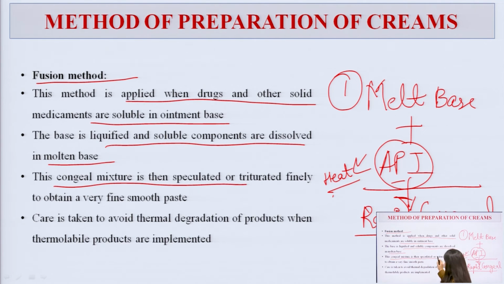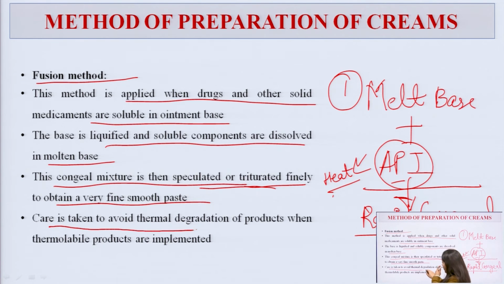This congealed mixture is then spatulated or triturated finely to obtain a very smooth paste. After melting the base and pouring the API into the molten base, we are triturating in order to form a smooth and non-gritty textured substance. So, we are applying some sort of trituration or stress to that.